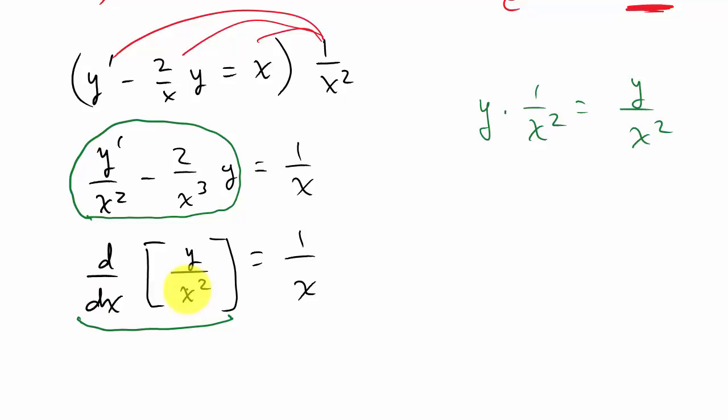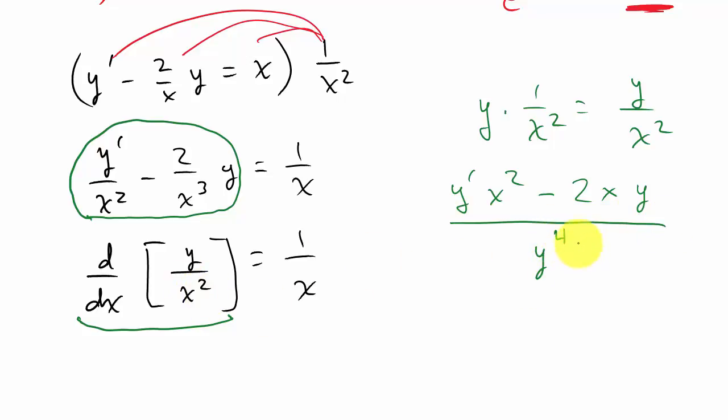And we can verify it. If we take the derivative of this, what do we get? It's the derivative of the numerator, which is y prime, times the denominator, minus the derivative of the denominator times the numerator, all over the denominator squared.